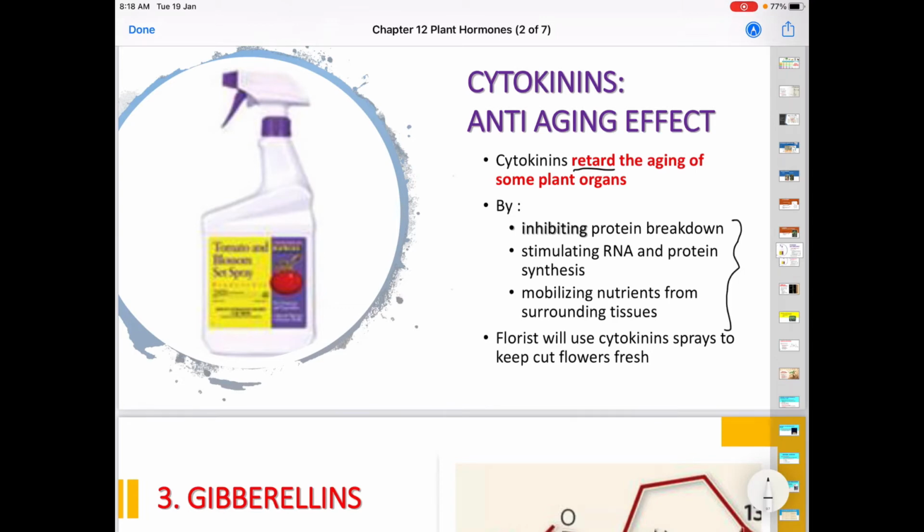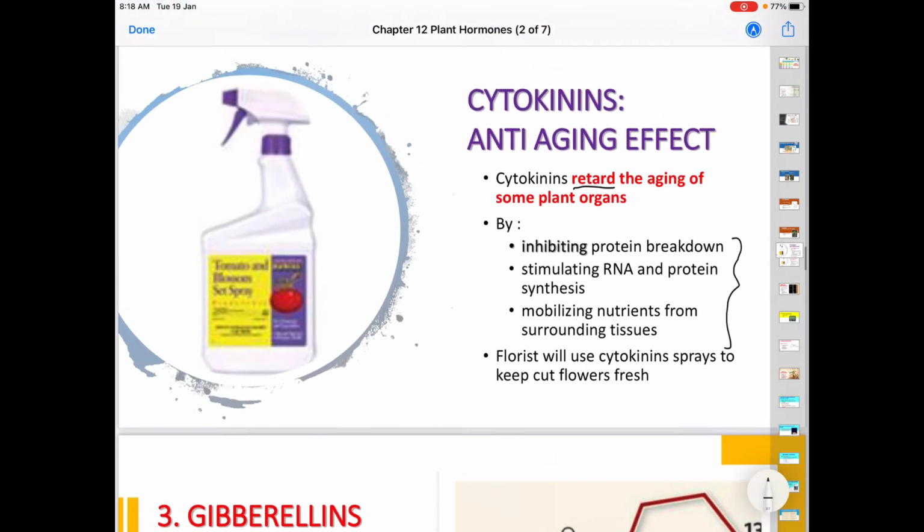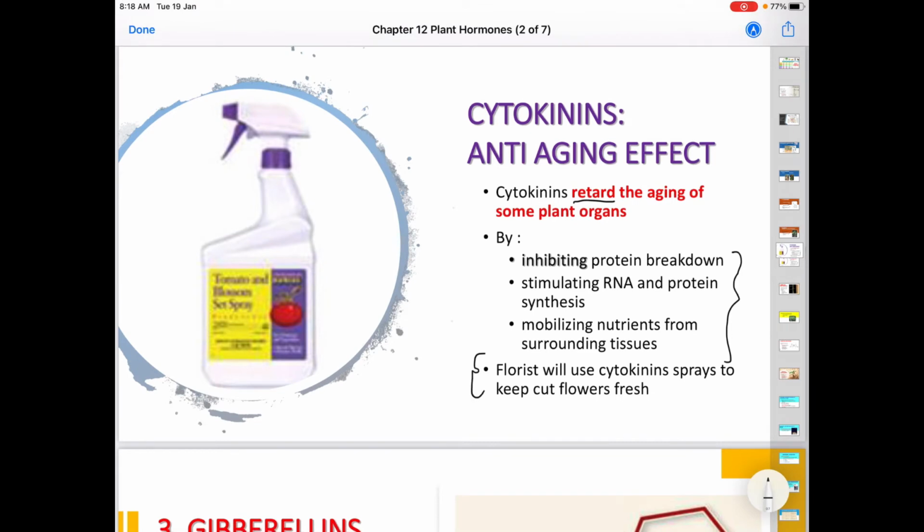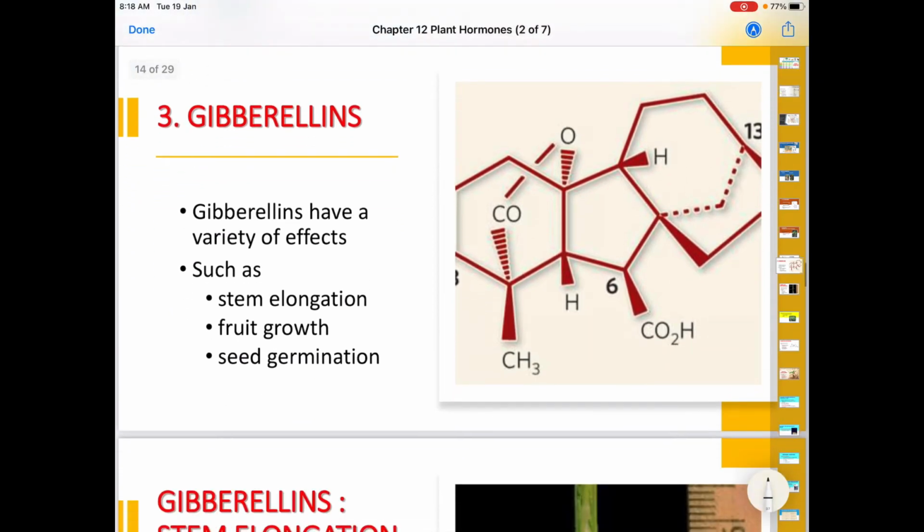So this is how cytokinin retards the aging of some plant organs. And florists will use cytokinin spray to keep cut flowers fresh. So you may use this as an application of cytokinins in industry.